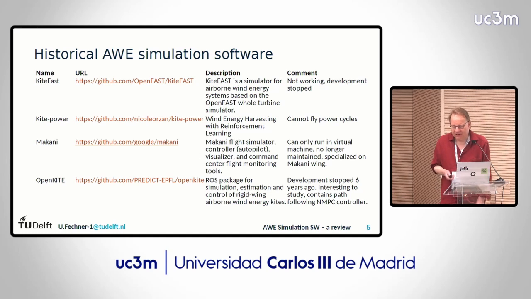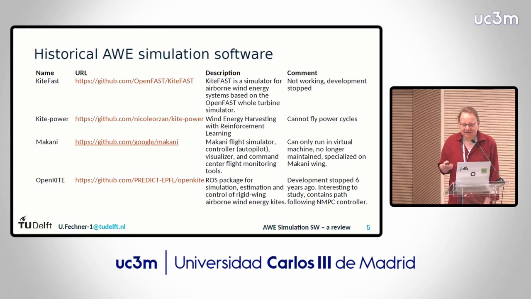Then we have Kite Power, wind energy harvesting with reinforcement learning. That was more or less a master thesis project, and it's nice to look at, but it cannot even fly power cycles, so it's quite limited. Then we have the Makani software, a huge package of software, everything open source.